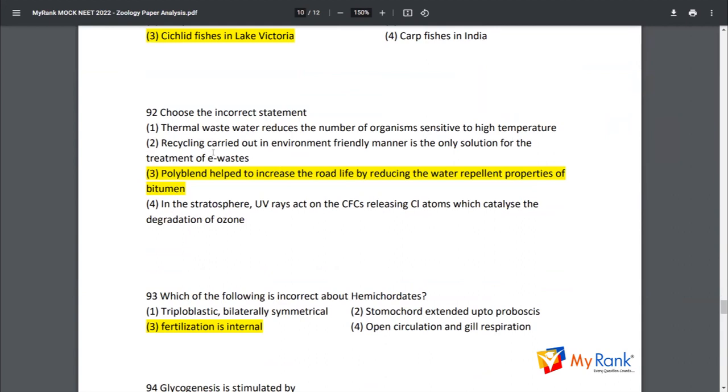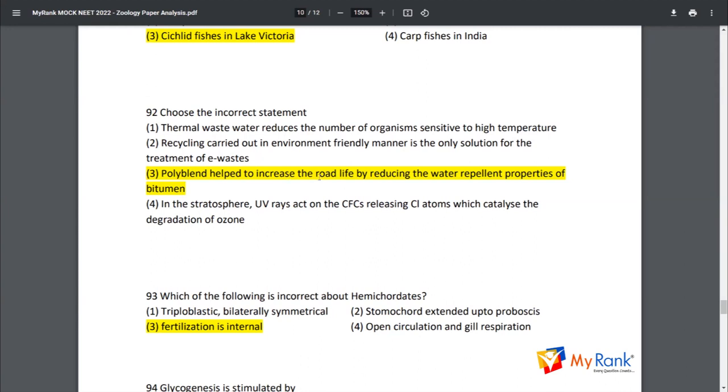Option 2, recycling carried out in environment friendly manner is the only solution for treatment of e-waste, correct? Recycling is one of the best methods for environmentally friendly management of e-waste. Option 3, polyblend helps to increase the road life by reducing the water repellent properties of bitumen. Now, here is the point that you should note.